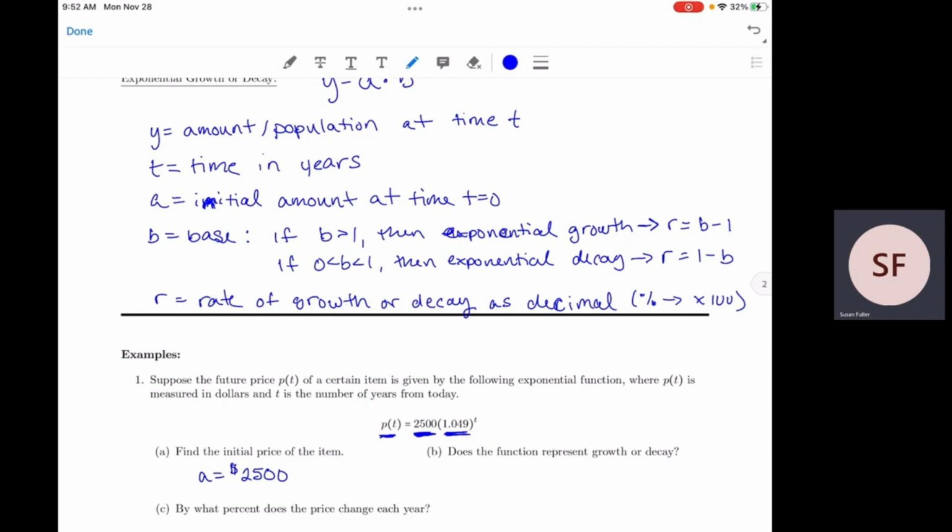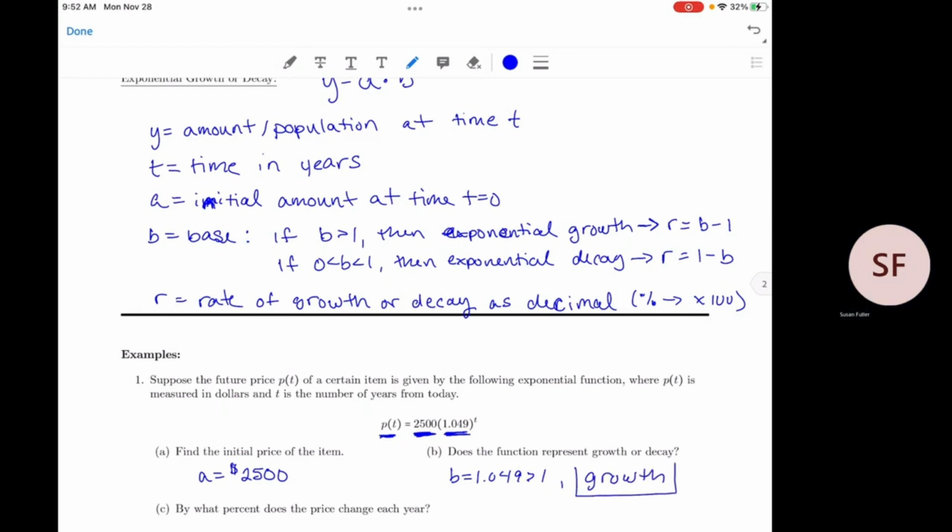Does the function represent growth or decay? Because our B value is 1.049 and that's greater than 1, we are dealing with exponential growth. Because our B value is going to tell us whether we're dealing with growth or decay.